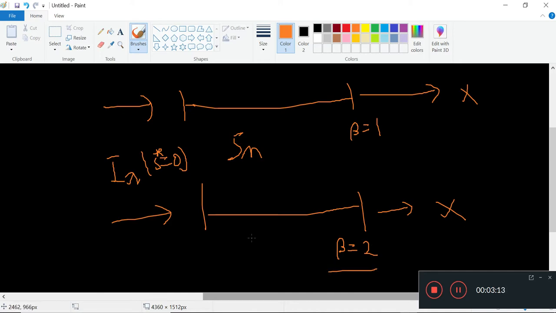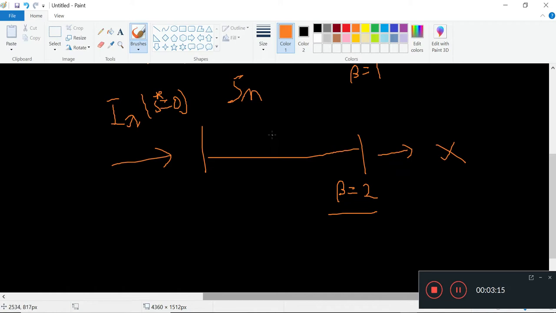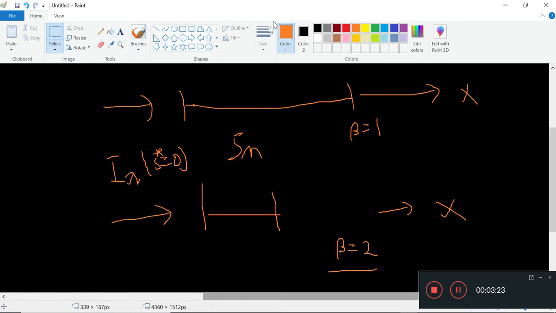However, if we halve the length and get rid of this, and this is now 2.5 meters, the radiation coming out here will be exactly the same.